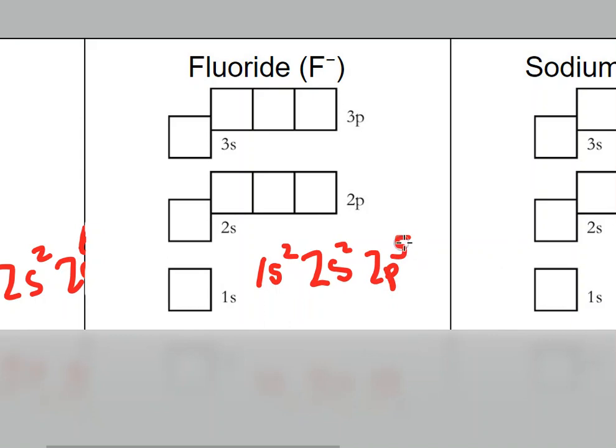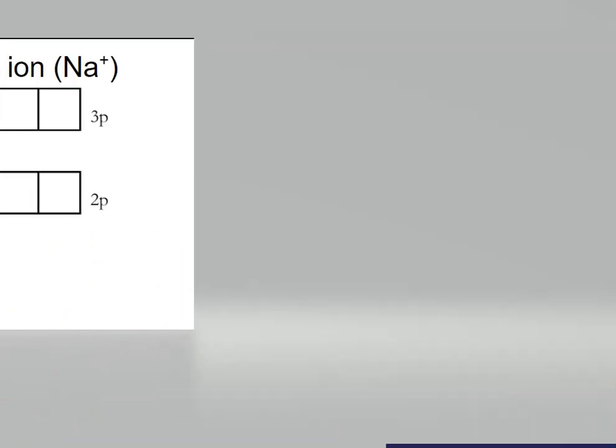So instead of this being 2p5, I'm going to add an electron to this valence shell, and we're going to make this 2p6. So now I'm going to go ahead and fill this in. So following my rules, I have to fill this level first. I have to fill S before I can fill P. 1 each before anybody gets 2. And this is my 6 2p electrons. So there's fluoride.